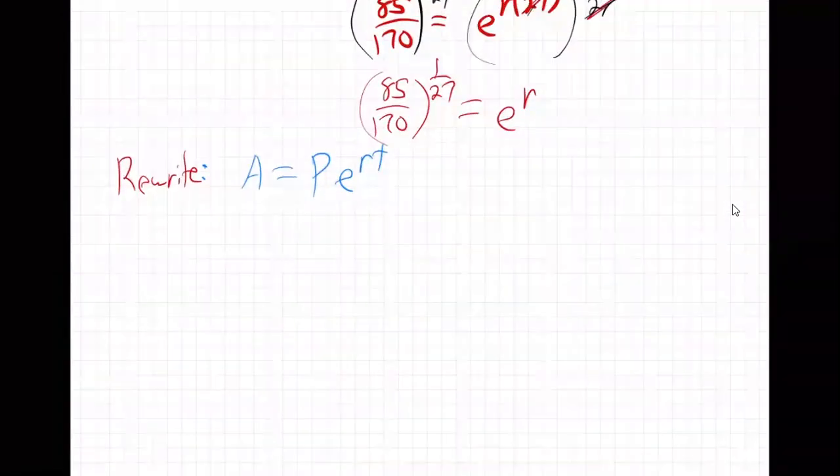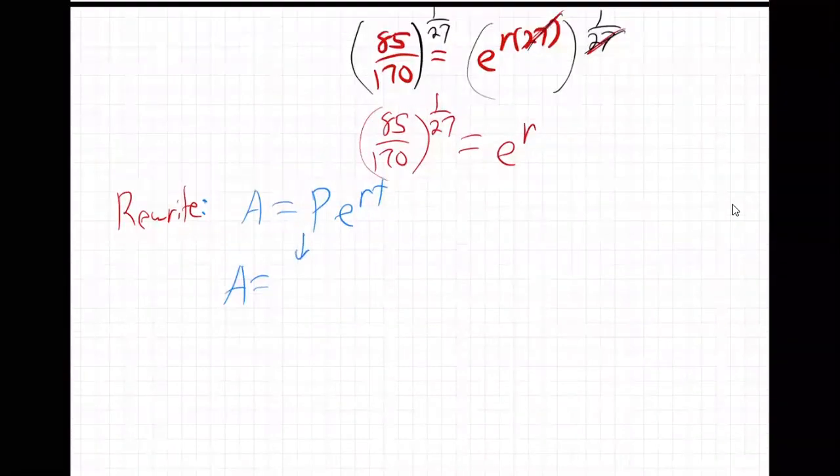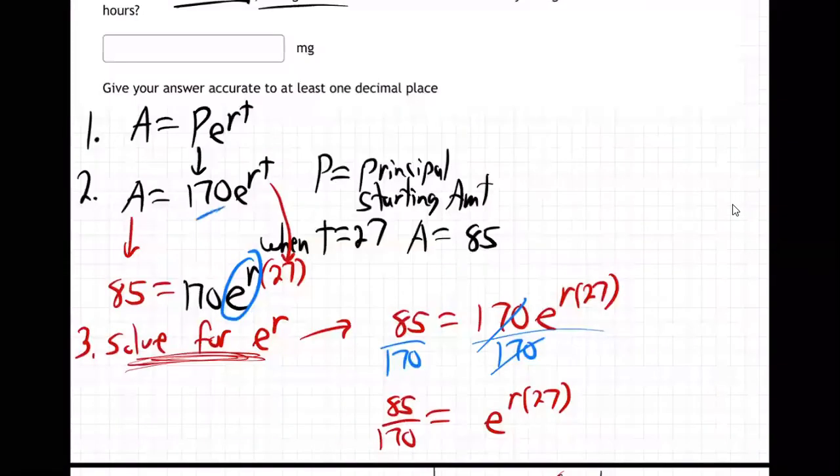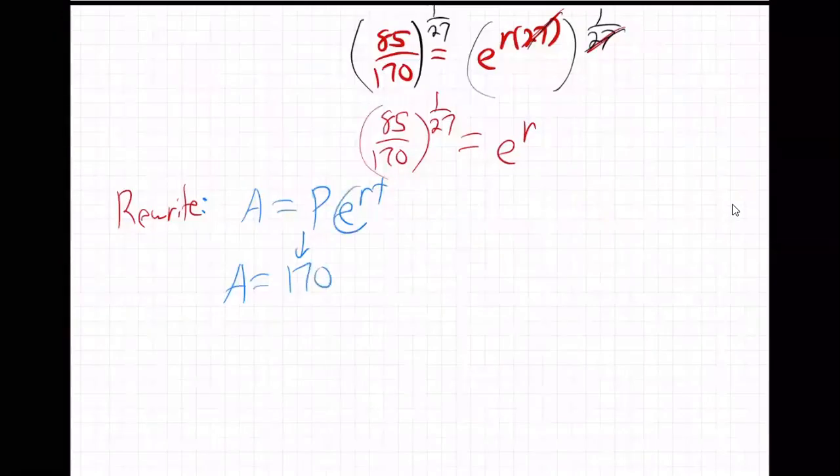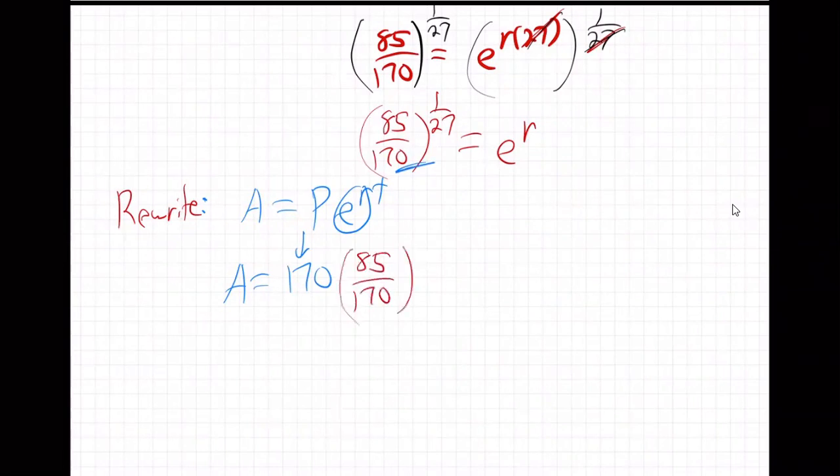But now I have a lot of information. The P is the principal starting amount, 170. So 170 e to the r, well, that's this: 85 over 170 to the 1 over 27, all to the t.